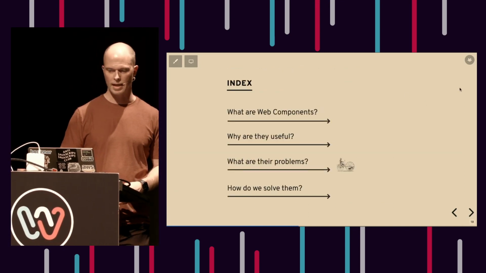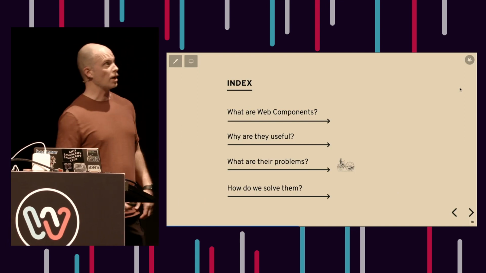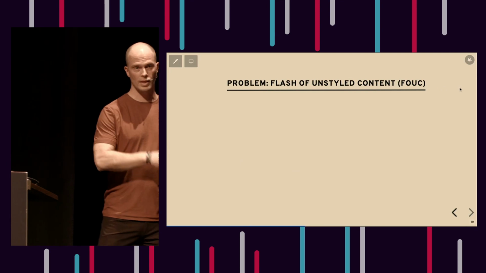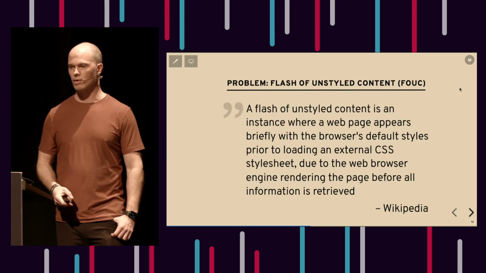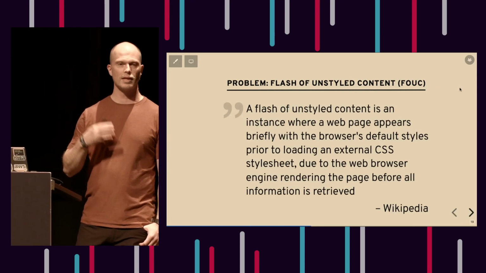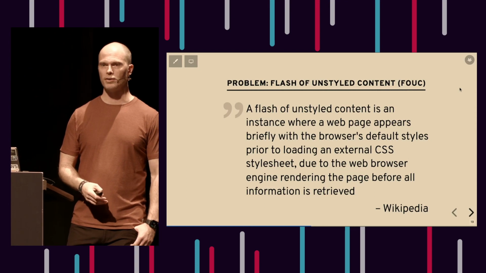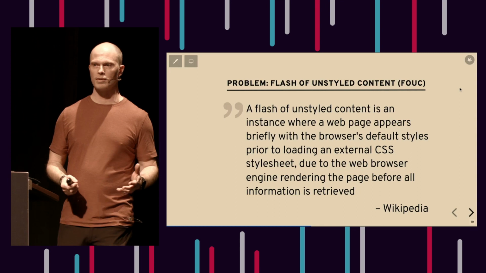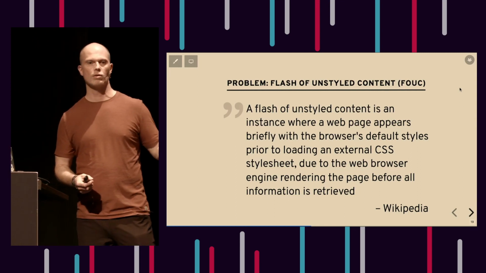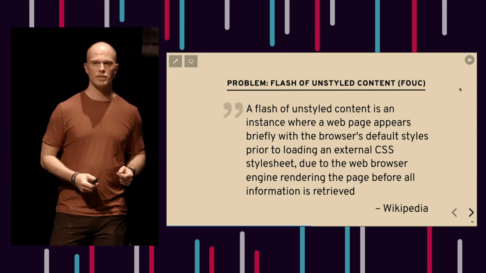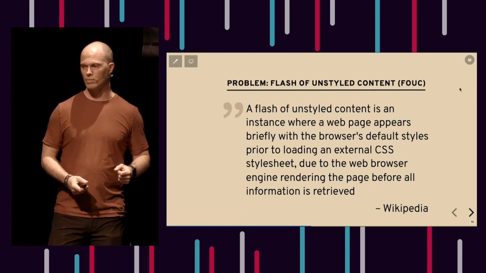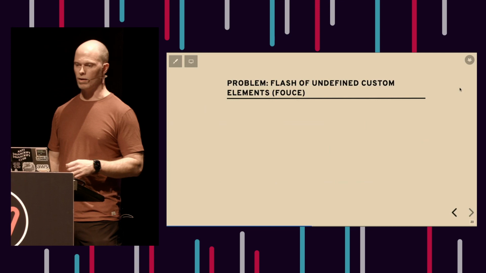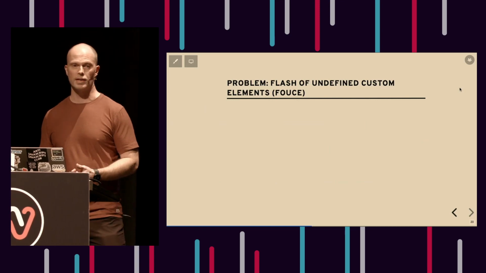Now, all that being said, they have problems, like any technology. And what are they? We're all web developers here. So we've heard about the flash of unstyled content. You know that period of time where you load up your web page, but some of your external CSS and fonts haven't loaded yet, so the text doesn't look quite right, and then all of a sudden it snaps into view, and you think, oh, that's what I actually wanted. Well, web components have a problem not unlike that as well, and it's called the flash of undefined custom element.